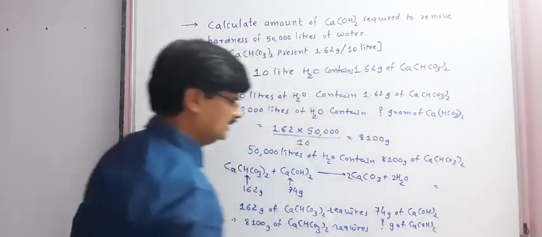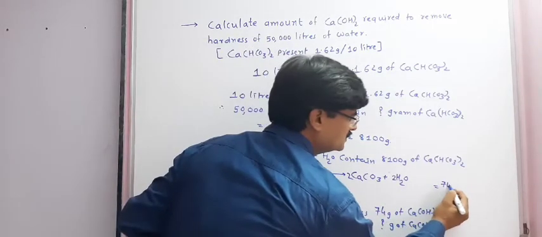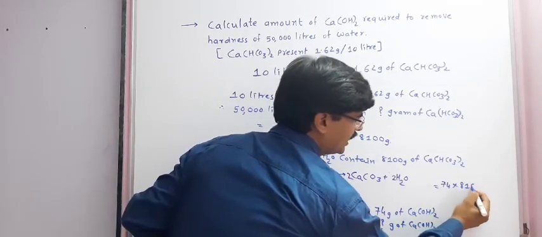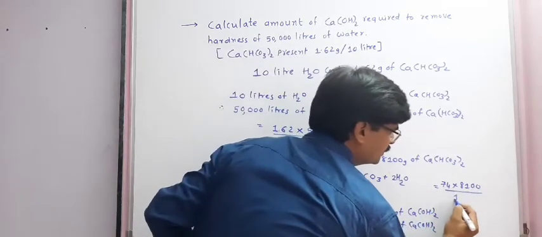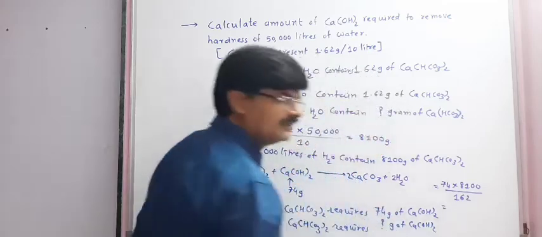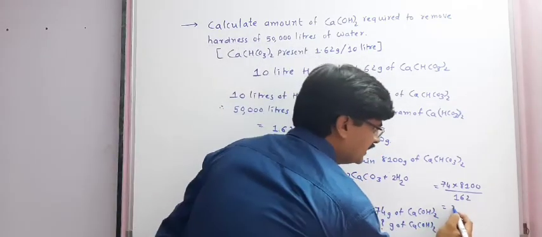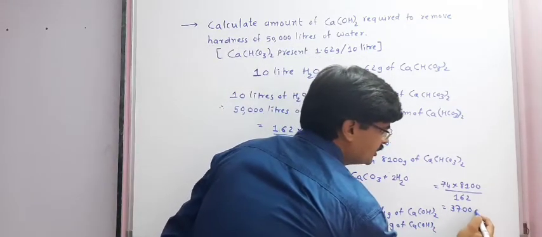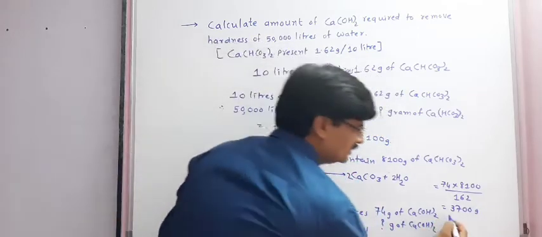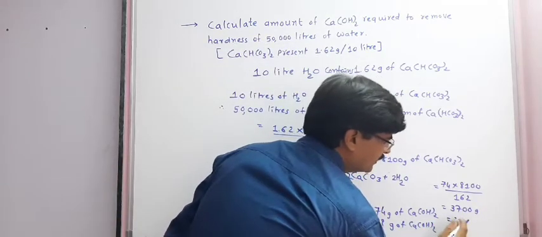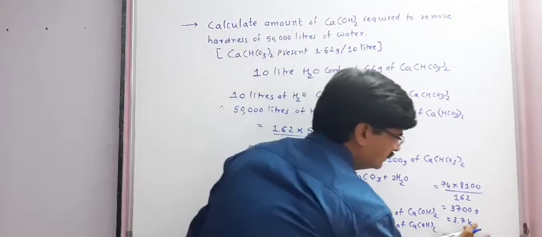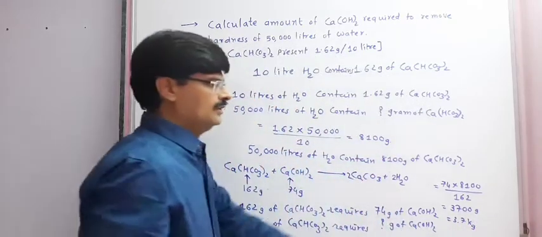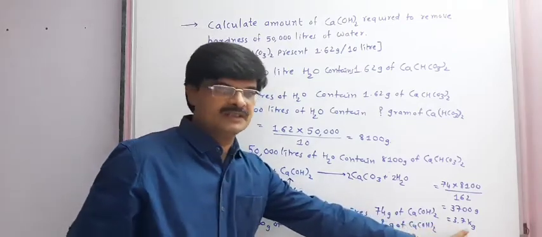So we will get 74 into 8100 divided by 162. On simplification, we will get 3700 gram or 3.7 kilogram. So the answer is 3.7 kilogram.